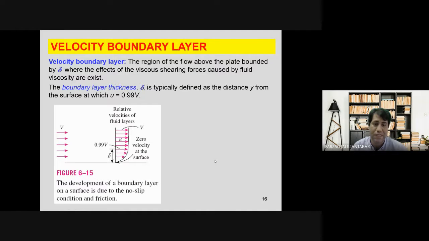This morning we have started to talk about convection heat transfer. Actually, the whole topic for these two day sessions and this chapter is about the fundamentals and some definitions related to convection heat transfer.